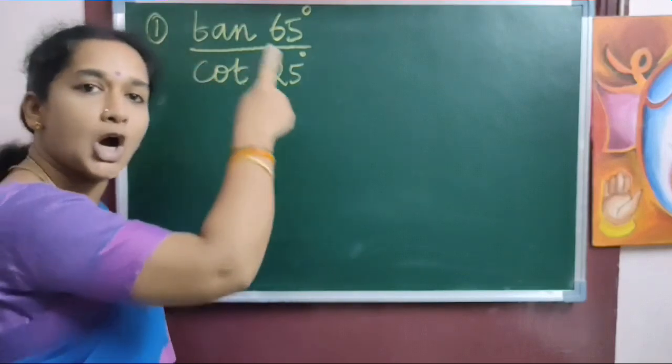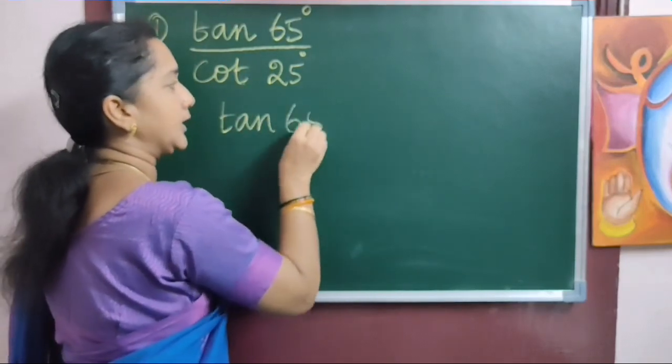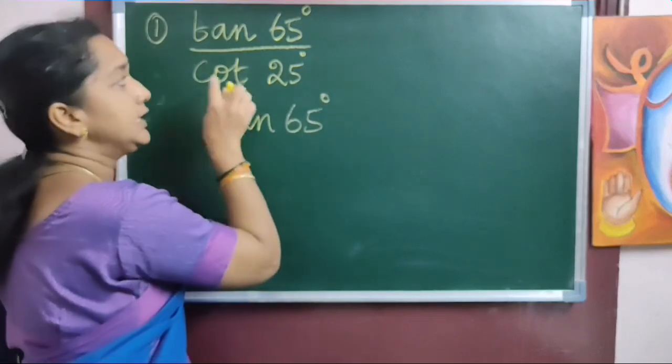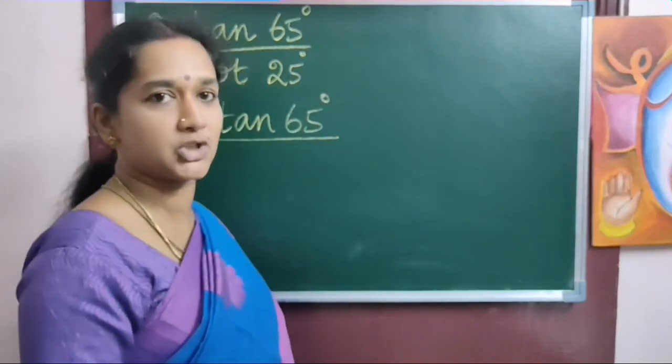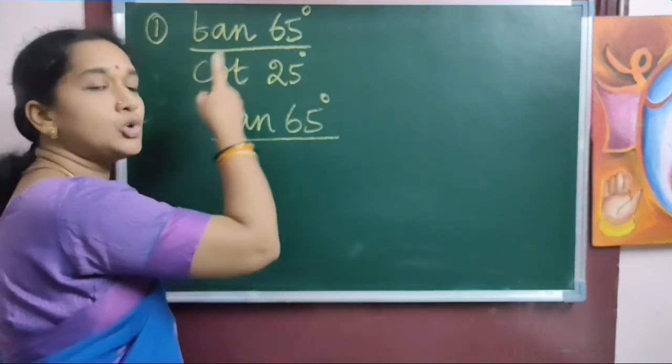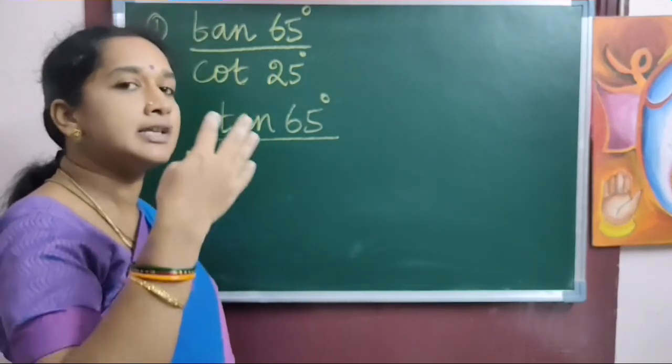Now I will tell you how to simplify this. First, tan 65 degree, write it as it is. Then cot 25 degree. We know that tan and cot are complementary. You can write this in two ways, and whichever is easier you can follow.